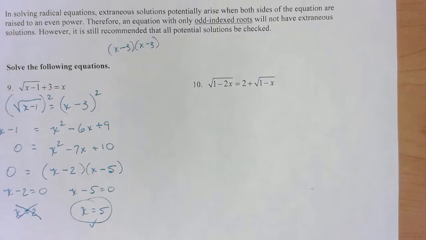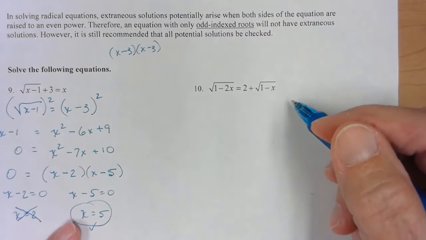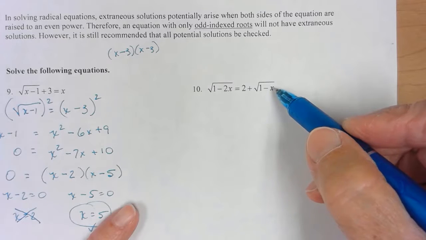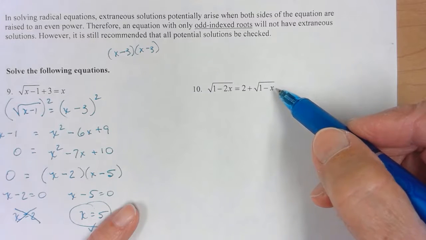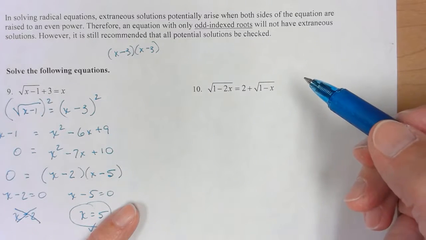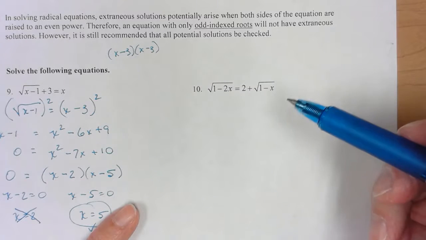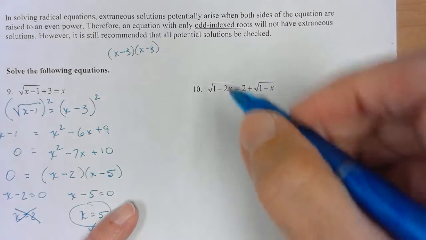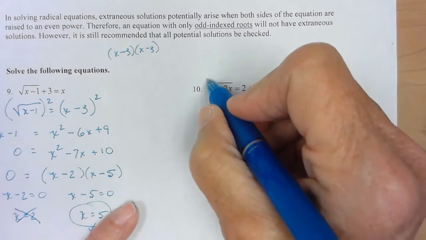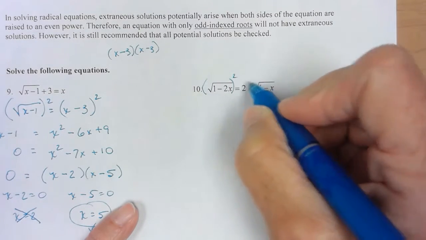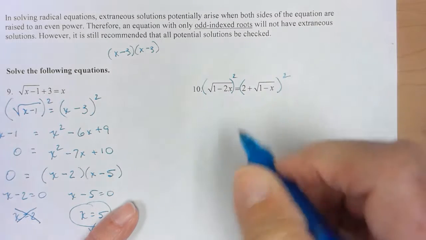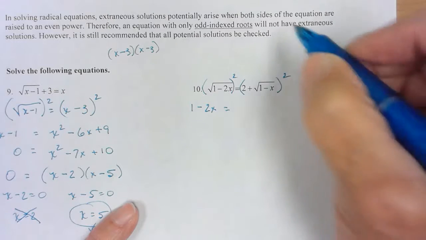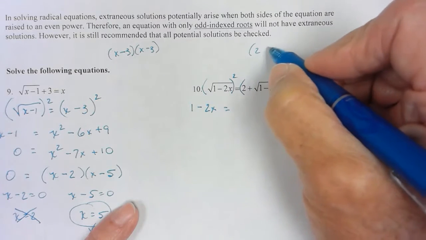That'll be fine. Now in this one, I've got a radical here and a radical here. I can't really isolate the radical. I've got 2 of them. So this is one of those situations where we get down to step 3 and we have another radical. But since I've got one radical over here, let's go ahead and square both sides. So that's 1 minus 2x equals, now this means this.